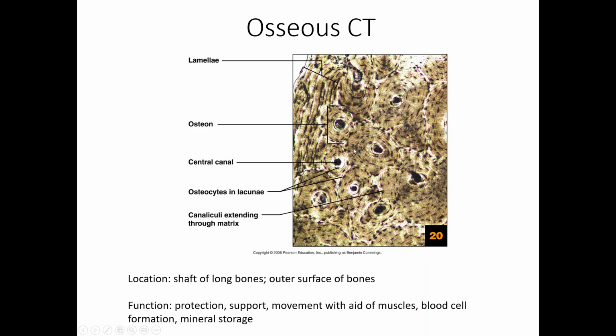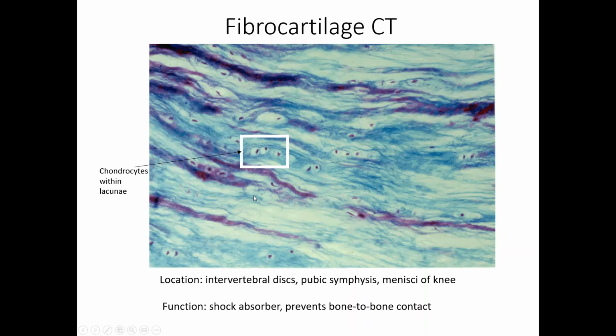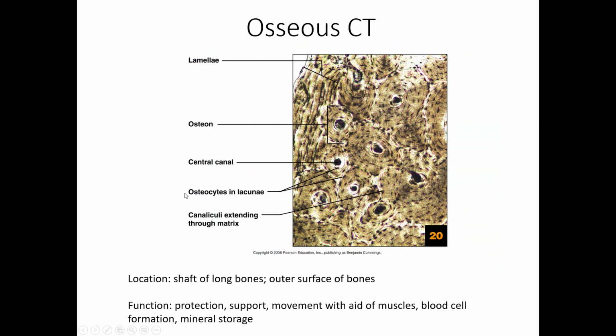And then you'll see all of these little dark dots. These are osteocytes that also live in lacuna. So we had chondrocytes, and we said chondro meant cartilage. Now we have osteocytes in osseous tissue, okay, and osteo is bone. So keep in mind that we do need to know a couple extra structures for osseous tissue.